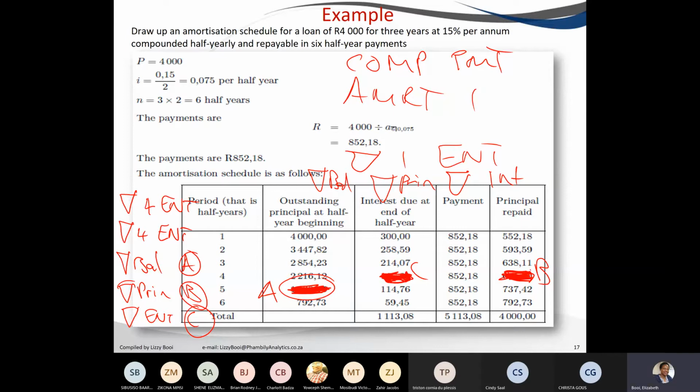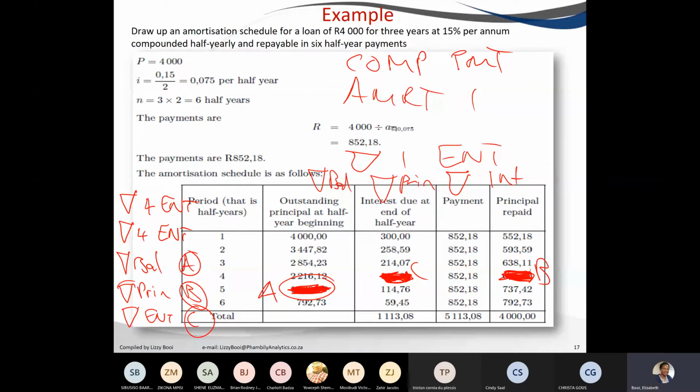Now, the other thing that I also need to say to you is, sometimes after you've done the amortization, you've answered the question where they ask you what is the principal repaid at the end of payment number 4, they might also ask you questions like, how much will Joe or whoever pay at the end of 6 half-yearly payments or at the end of 3 years?